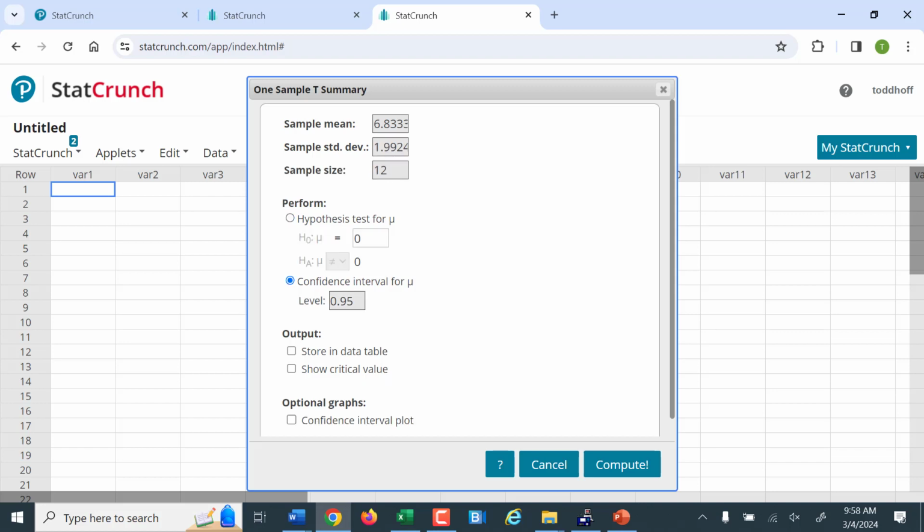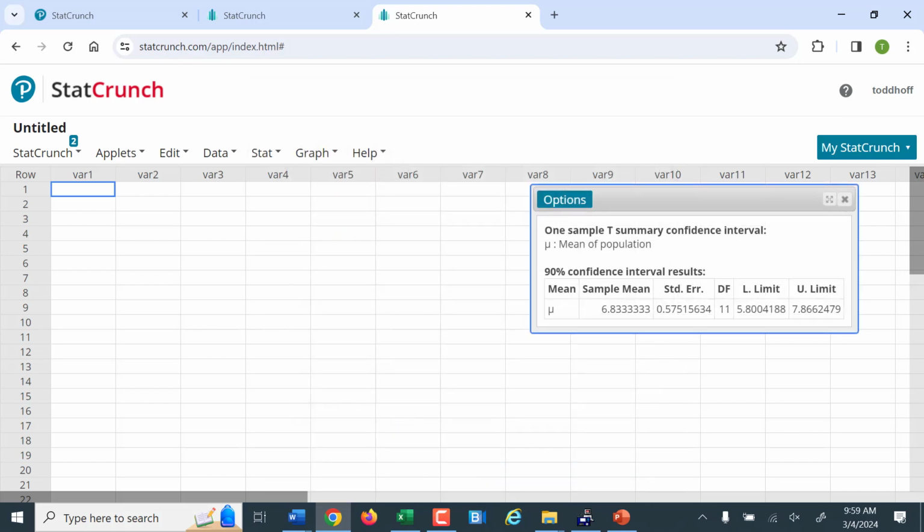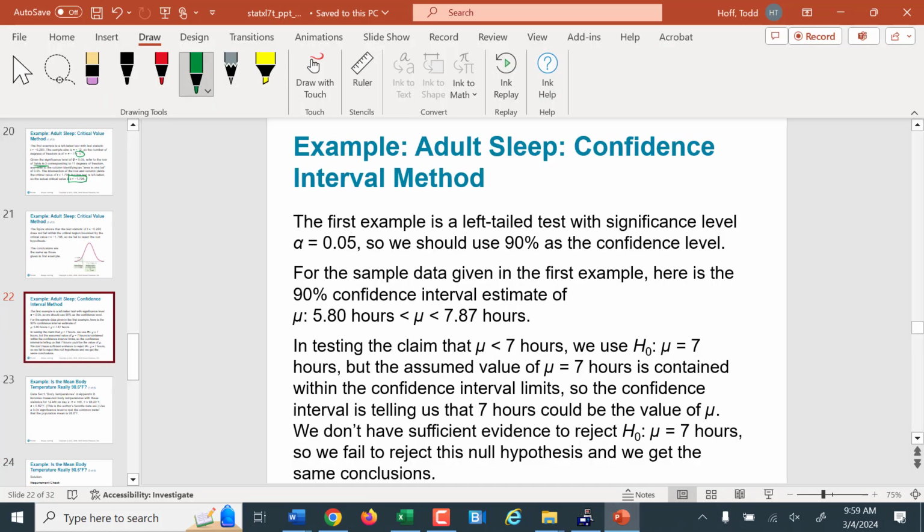And we're doing a confidence interval of 90%. And we're going to show it. And so our interval goes from 5.800 to 7.866. So what we had here, 5.800 to 7.87, is our confidence interval.